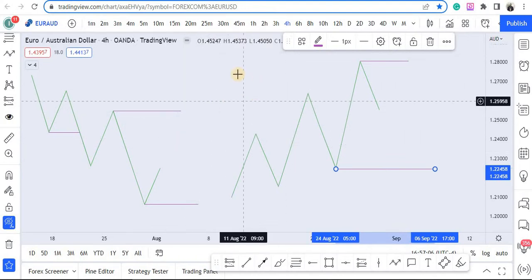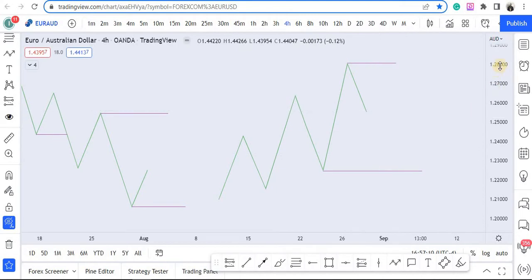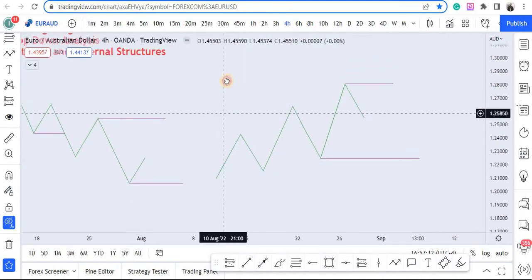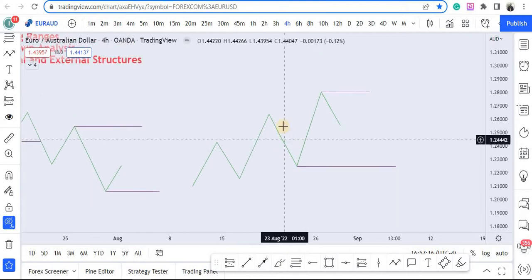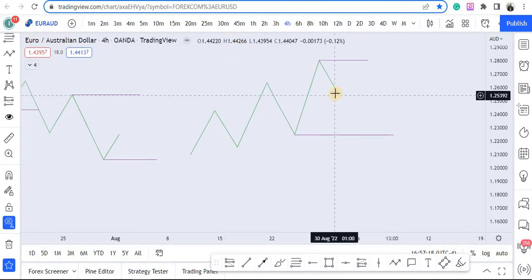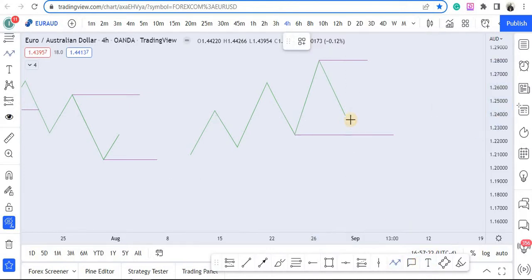I hope you understand what we mean by trading range. So we start looking at, unless for instance we have a break of this high, we don't mark our structures.